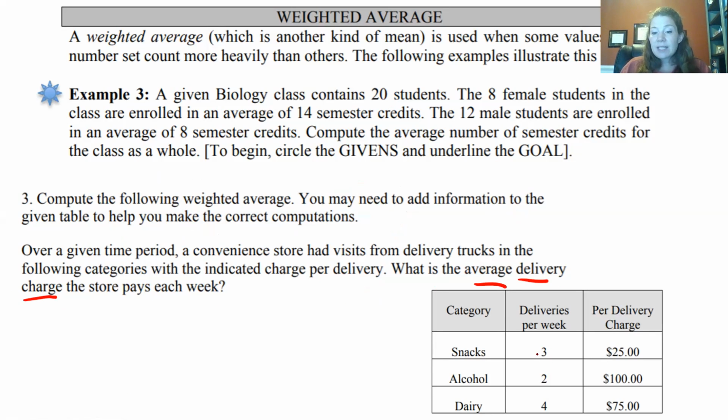So it had 3 deliveries where they were charged $25. So how much money is that in total? Well, if I'm charged $25 3 times, that means that's $75. Then I had 2 deliveries that were charged $100 apiece, so that's $200 for alcohol.